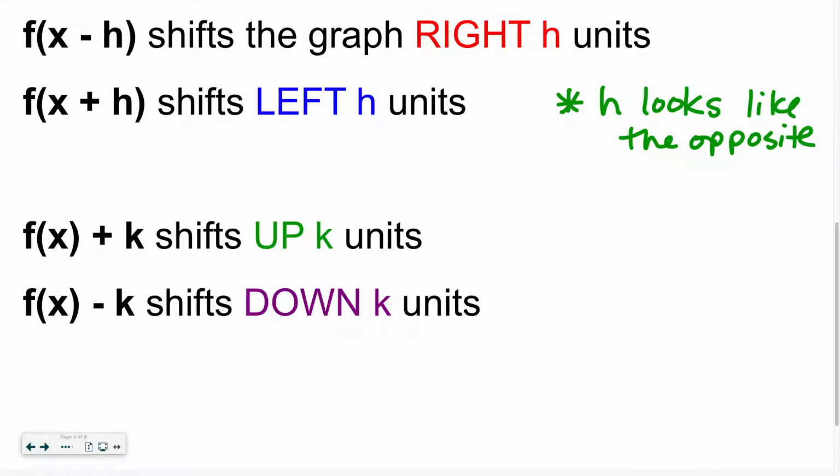Like normally right would be positive, but it's actually a subtract, a minus. And left would be negative, but it's actually plus. So I always say over and over again, H looks like the opposite. K looks like what it is. Any questions so far?